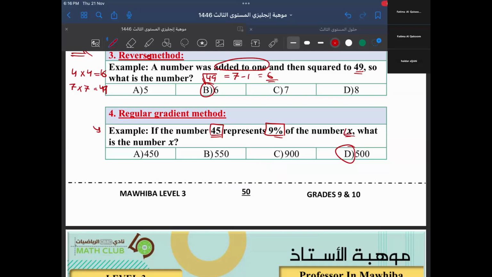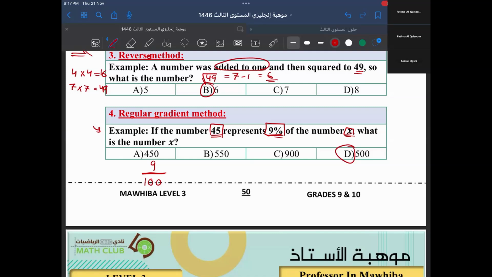So a ratio means it's just like a fraction, okay? If I want to make a ratio of something, I use a fraction. So here, 9% is a ratio. If I make it into a fraction, I'm going to say 9 over 100.